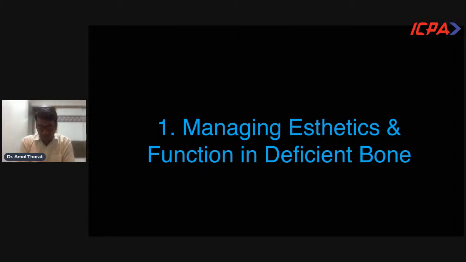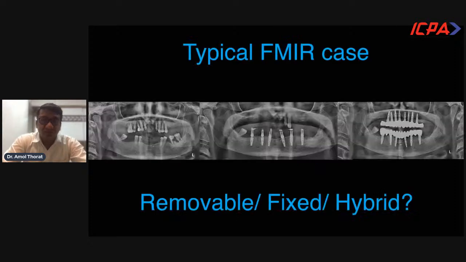Okay, so the first problem is managing aesthetics and function in deficient bone. I'll explain this with an example of a case. This is a typical full mouth implant rehab case. How do we treat this case? We place about 5 to 6 implants. That is my favorite configuration, about 6 implants in the mandible and 7 to 8 in the maxilla.